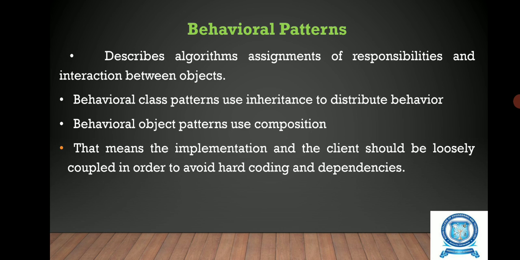Let us see about behavioral pattern. The behavioral pattern describes algorithms, assignments of responsibilities and interaction between the objects. The behavioral class patterns use inheritance to distribute behavior, and the behavioral object patterns use composition. That means the implementation and the client should be loosely coupled in order to avoid hard coding and dependencies.